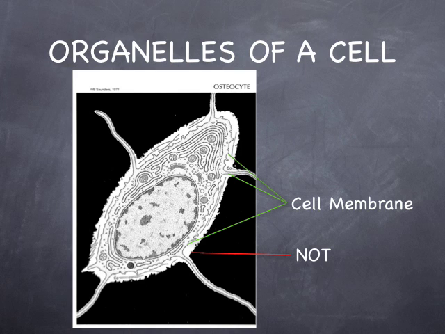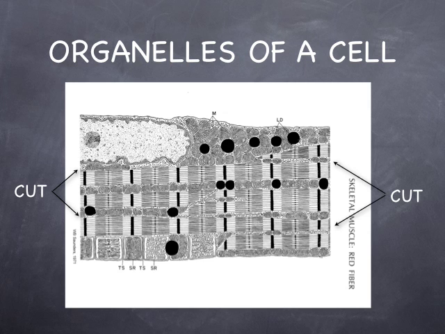Obviously, if this cell is going to live, it's going to have to get food and nutrients and oxygen, and so they can be passed from cell to cell through these little tubes that were created by parts of their cytoplasm there.